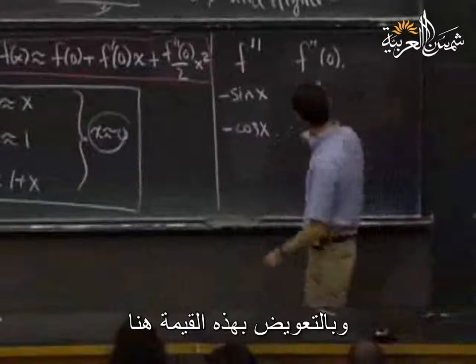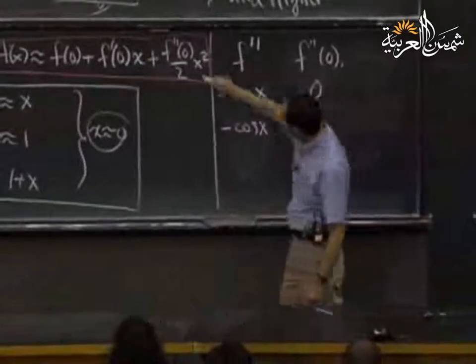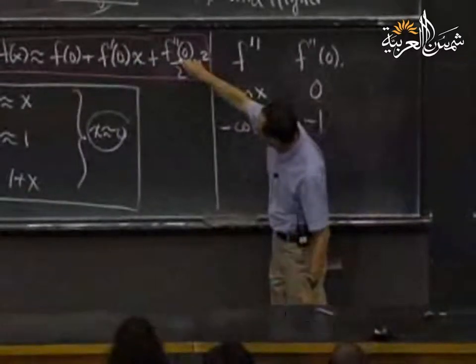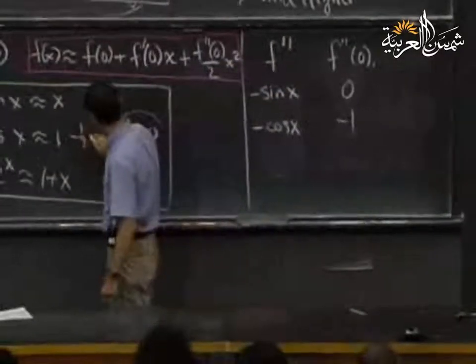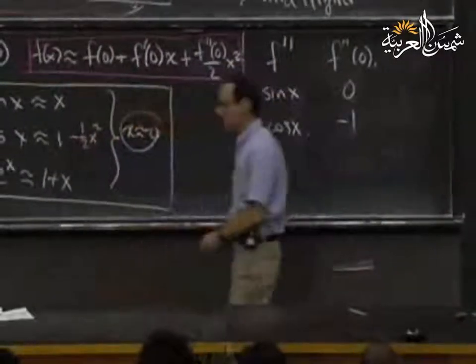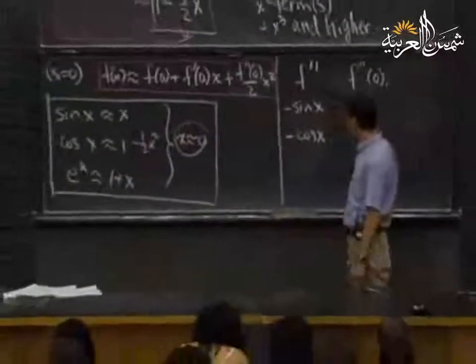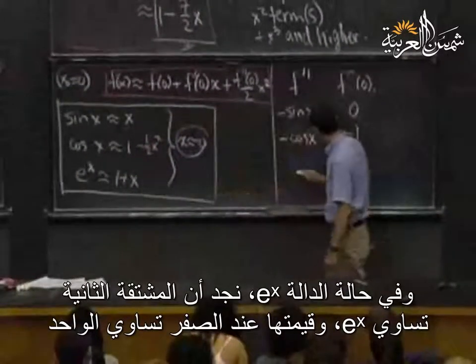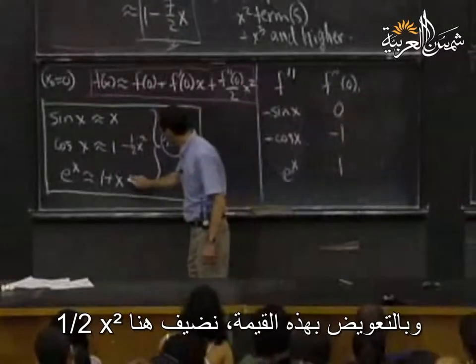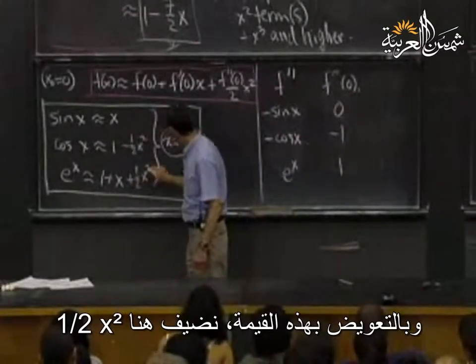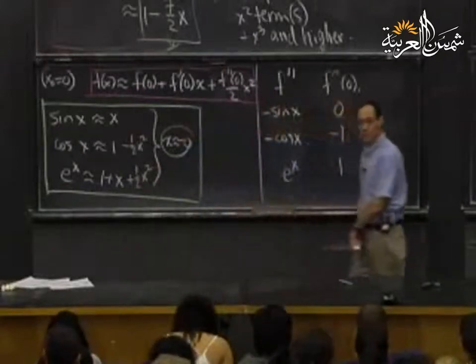And so the term that I have to plug in here, this negative 1 is the coefficient that appears right here. So I need a minus a half x squared extra. All right? And if you do it for the e to the x, you get an e to the x, and you get a 1, and so you get a plus a half x squared here. All right?